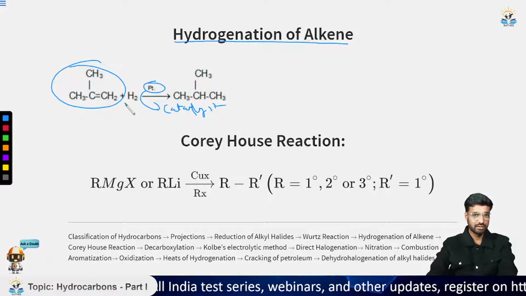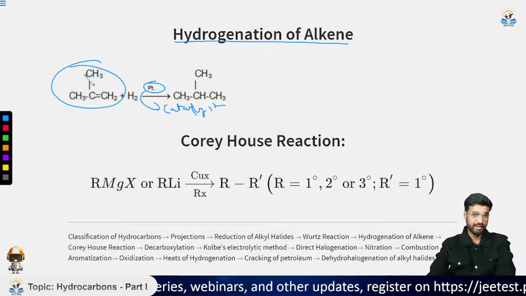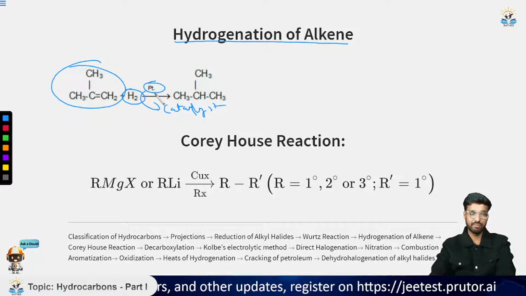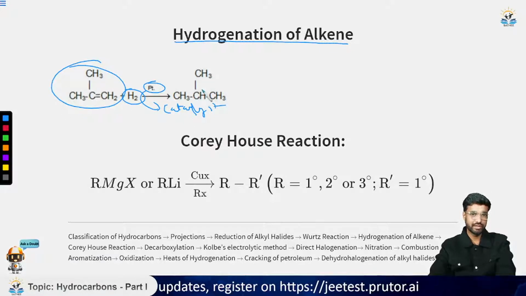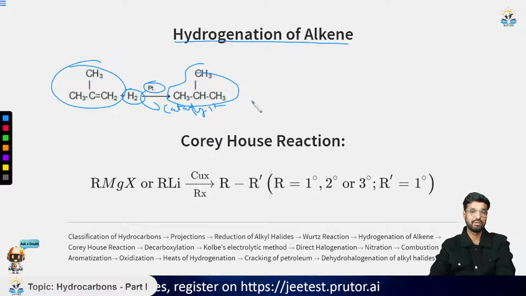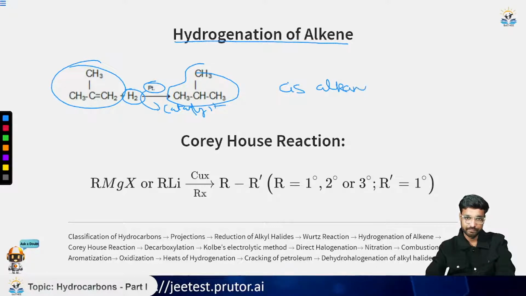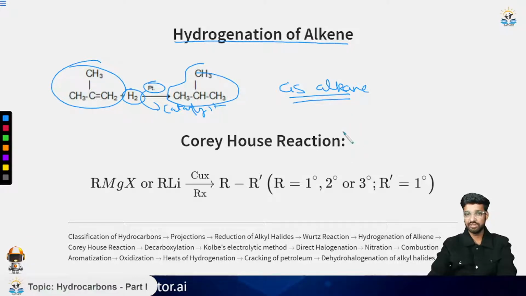It follows a simple adsorption method: the hydrogen is first adsorbed on the platinum metal, and then we add the alkene, which gets reduced to this kind of compound. The thing to notice here is that it always forms a cis kind of addition, so both the hydrogens are added on the same side.